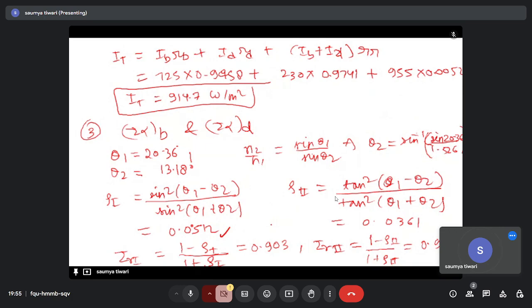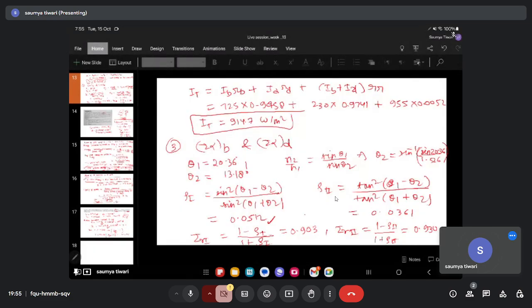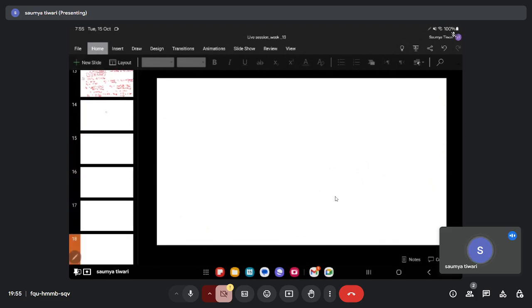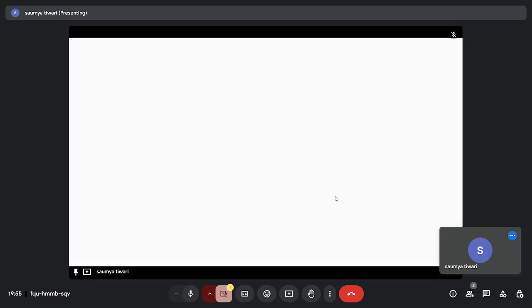Okay, so let me add some more slides to solve this question. Now we can calculate the transmittivity due to refraction and reflection only. We calculated the tau r1 and tau r2 values, the two components.